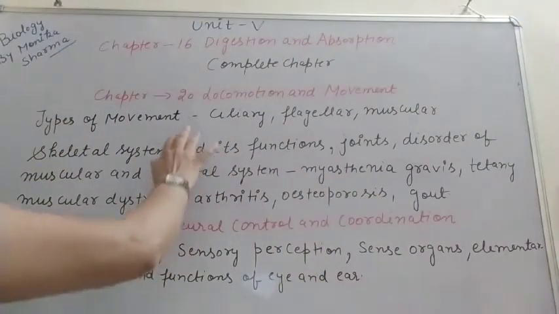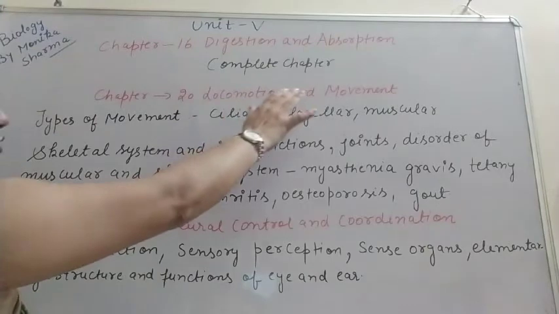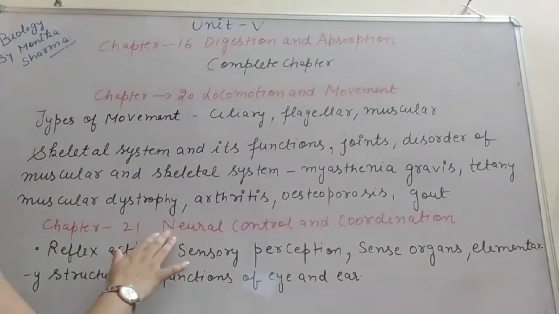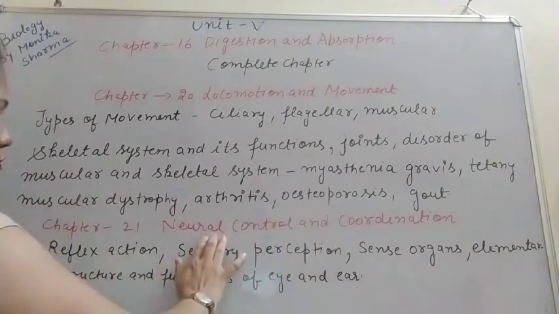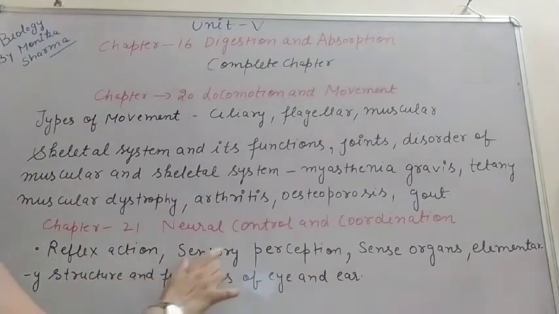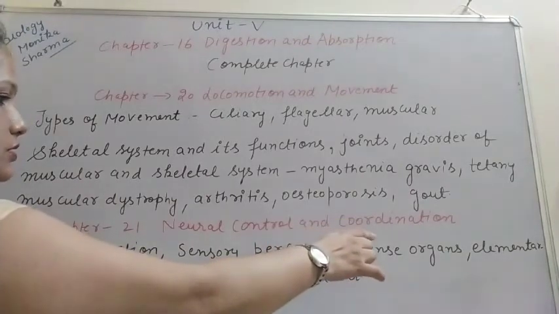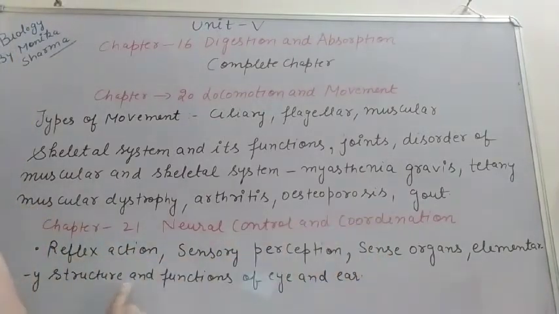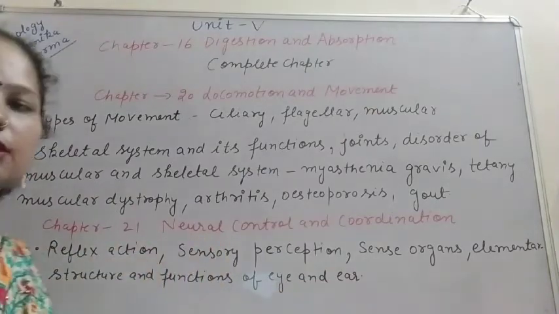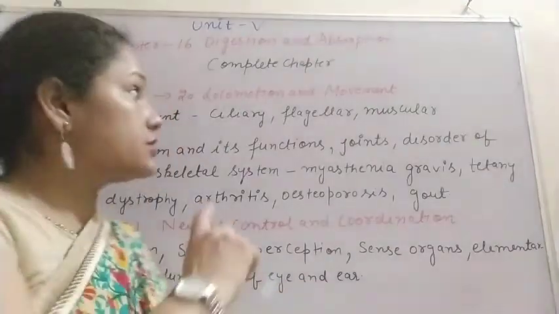From chapter 21, Neural Control and Coordination, the reflex action, sensory perception, sense organs, elementary structure and functions of eye and ear are removed from your syllabus.